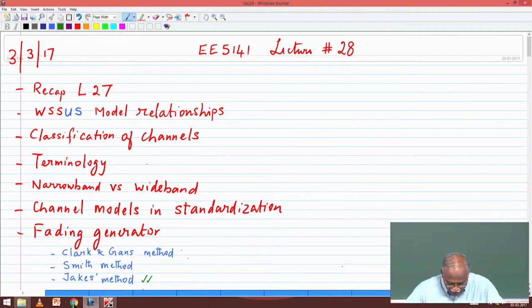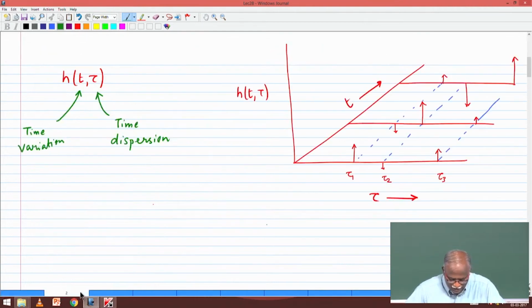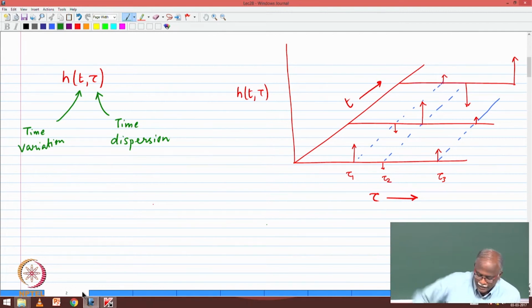So let us begin with a quick summary of the points that we have discussed in the last class. The channel model that we are working with is a time varying and dispersive channel.